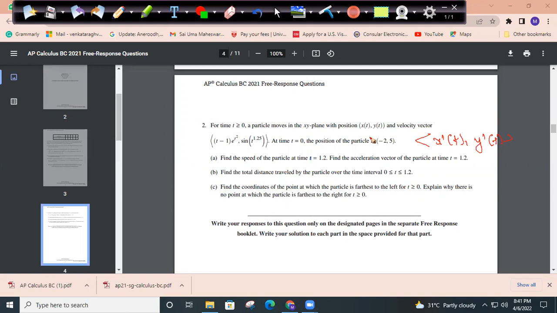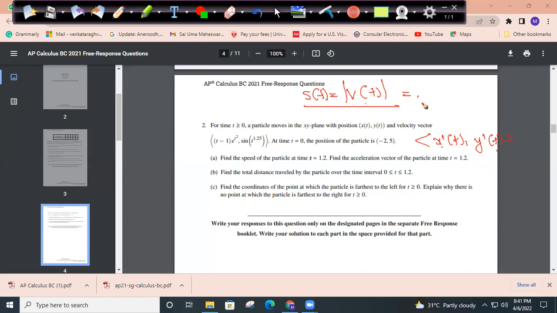Now, once the velocity vector is given, how do you find the speed? Speed is given by the modulus of velocity, correct? This is the relation between the speed and the velocity. So I know the velocity vector. If I need to find speed, speed is the modulus of velocity, where velocity is x dash of t comma y dash of t.